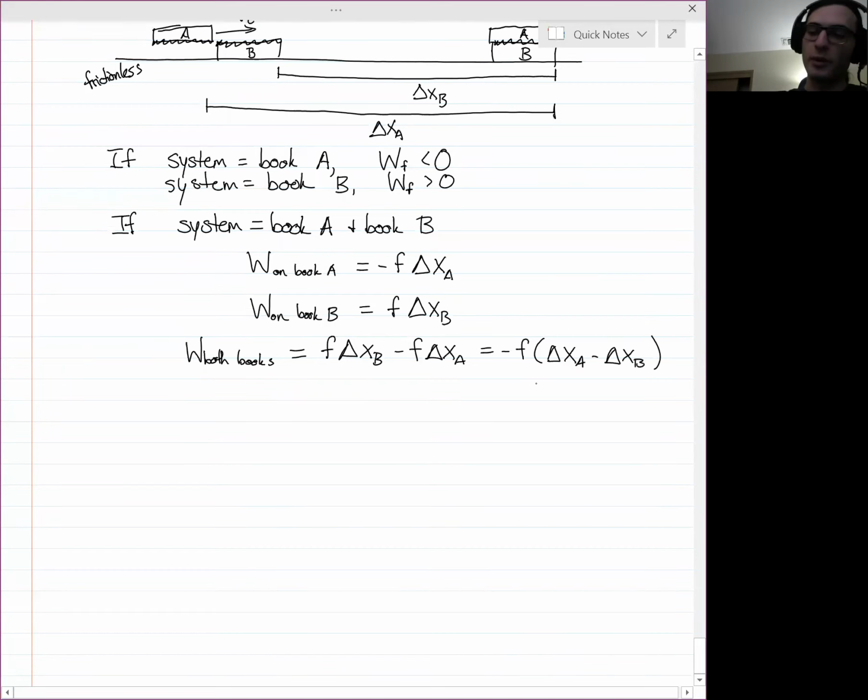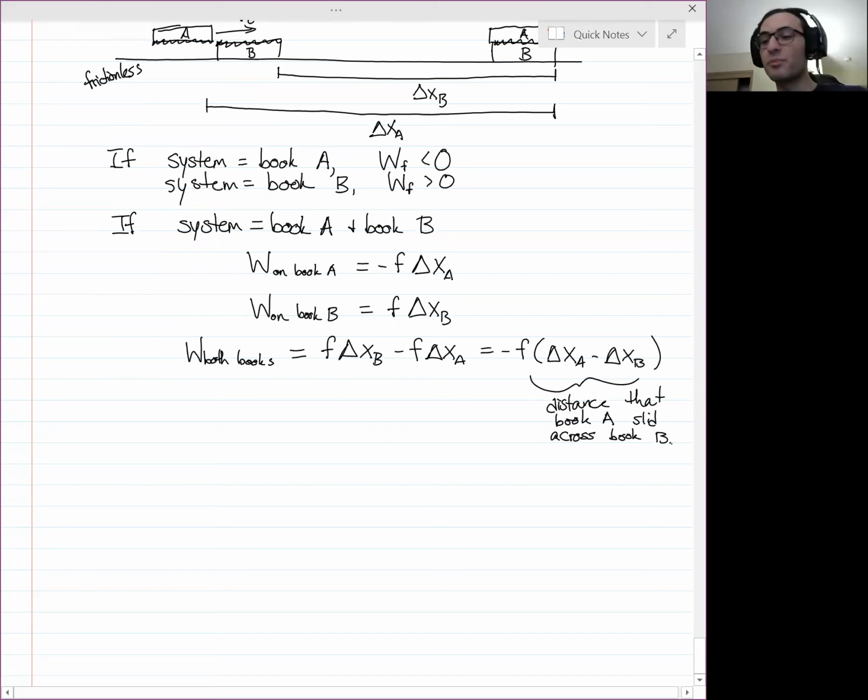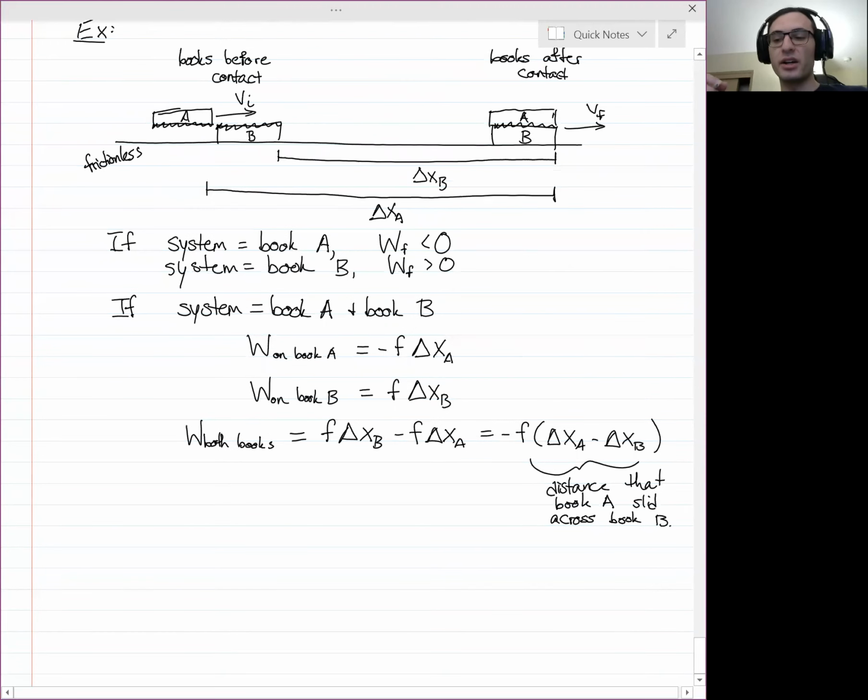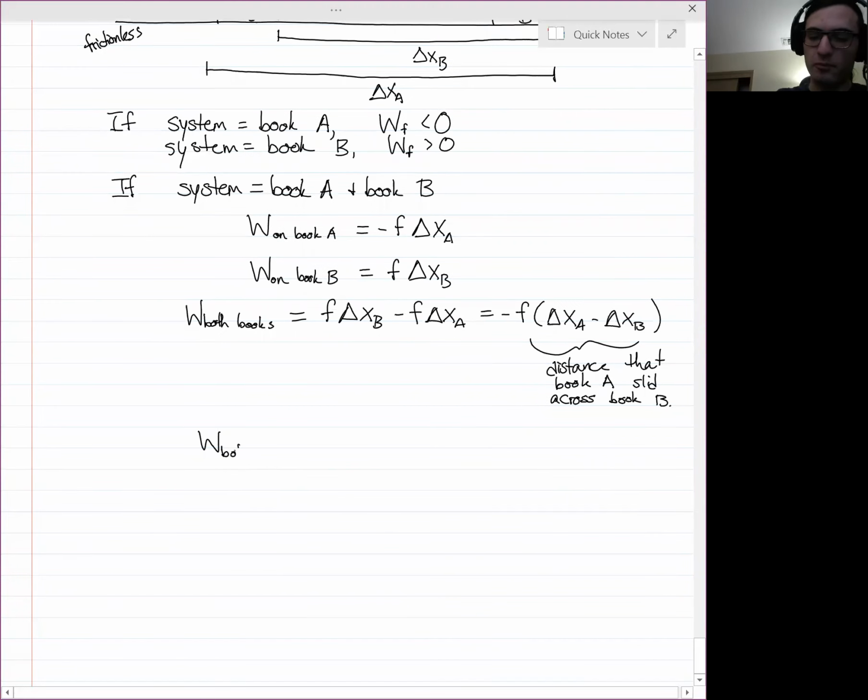Now, importantly here, this is the distance that book A slid across book B. In particular, that's the distance that A was rubbing against B. The work done is just negative F times delta X, let's call it the rubbing distance, the distance that they were sliding or rubbing across each other.